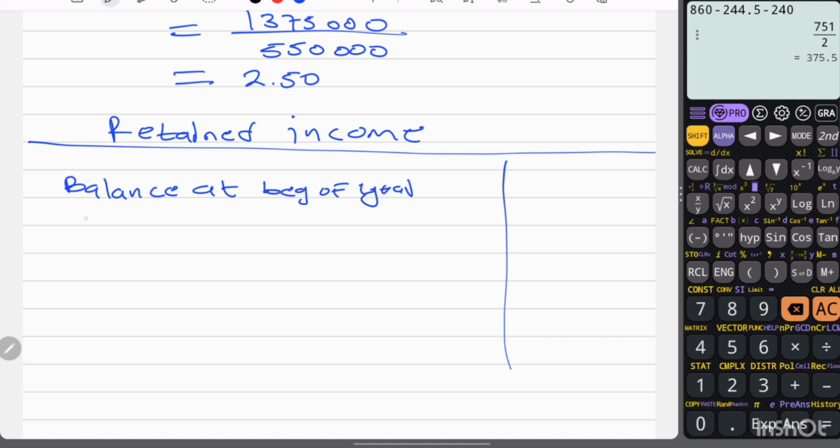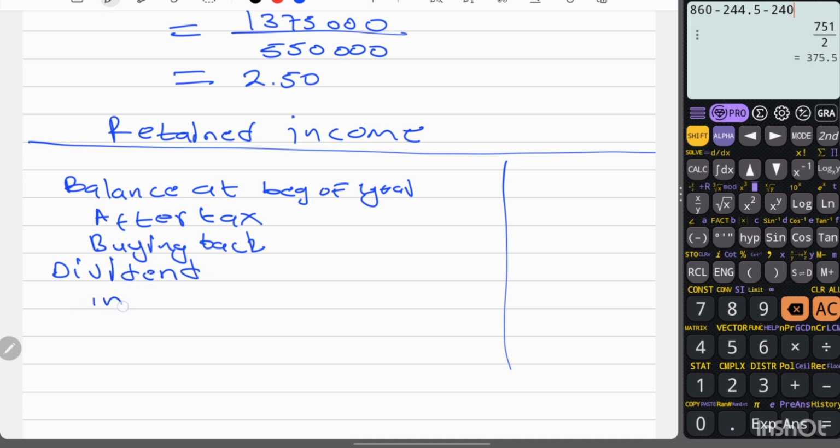Then here I'm having my net profit after tax. Here I'm having my buying back, here I'm having dividends, I'm having interim, I'm having final. All right, and then I'm having balance at the end of the year.